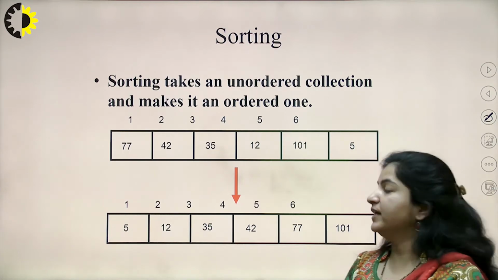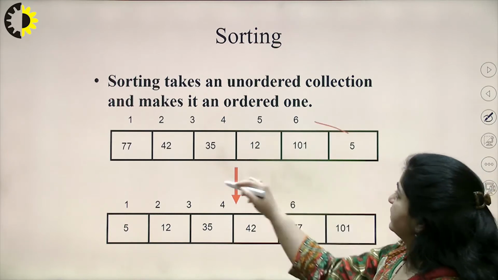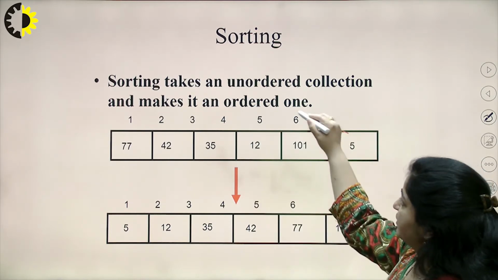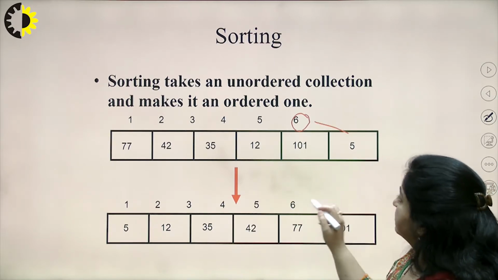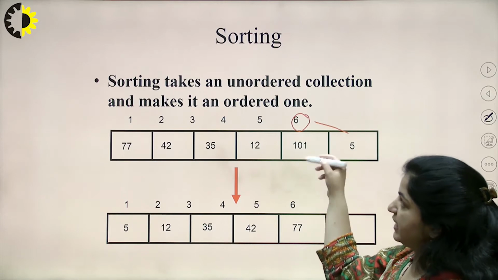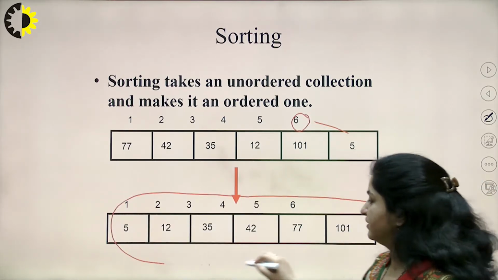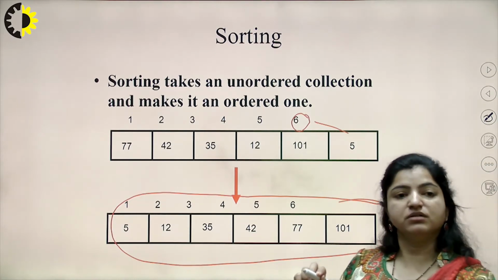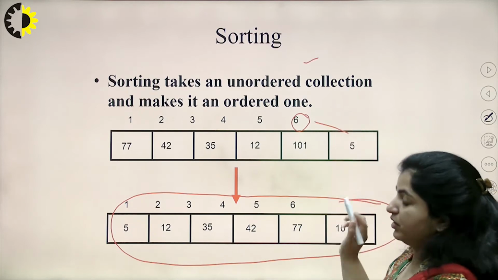Like here in this example, we have this array with 6 to 7 elements, and the final output of this array by applying the sorting algorithm will be this, which is in sorted manner. So that is what we call a sorting algorithm.